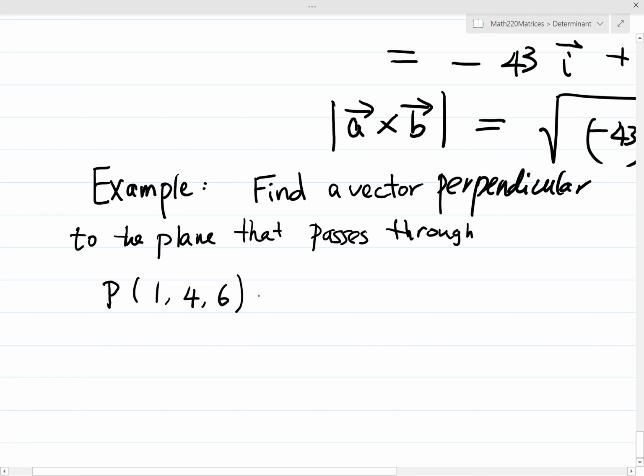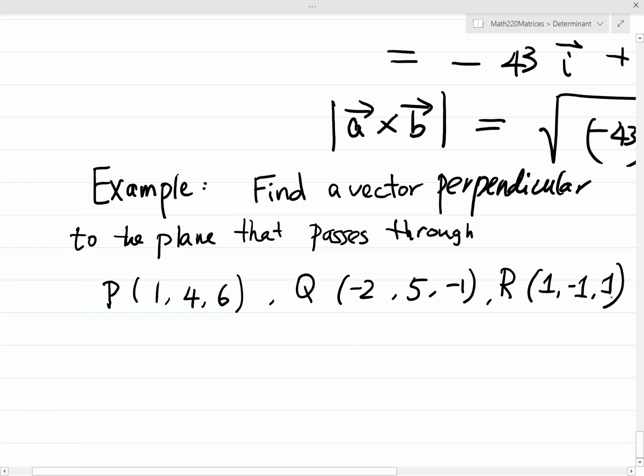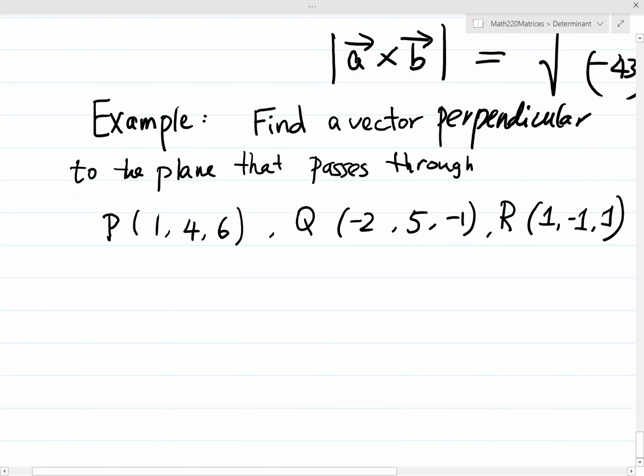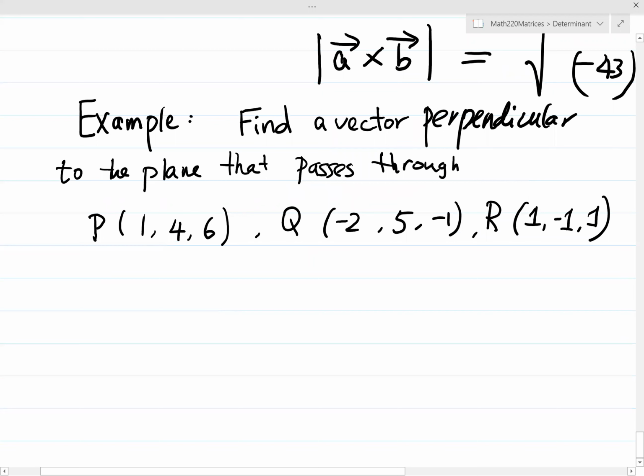If they do not lie on one line, they determine a unique plane. It's easy to check that these 3 points are not on one line, so they determine a plane. Let me plot it.